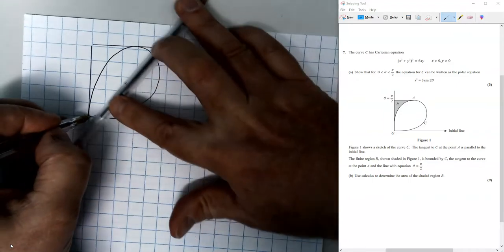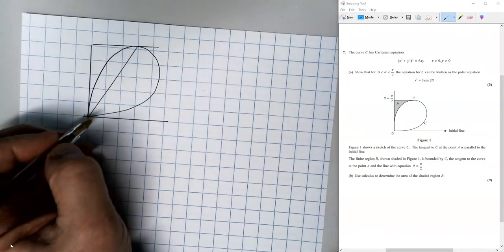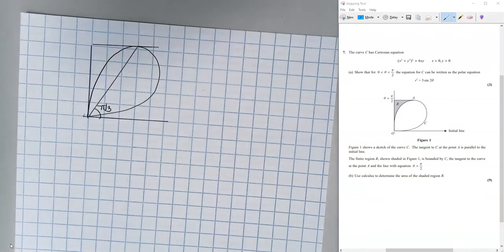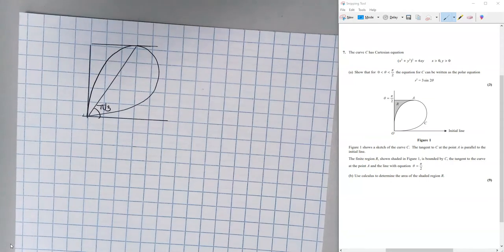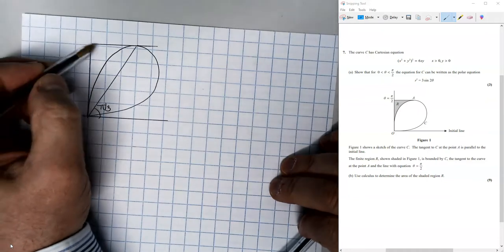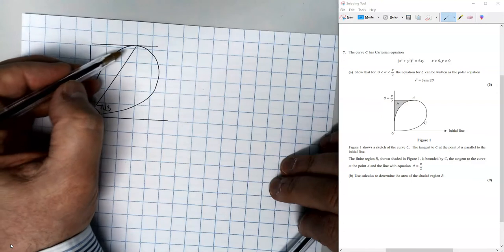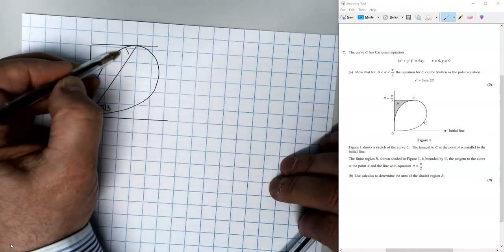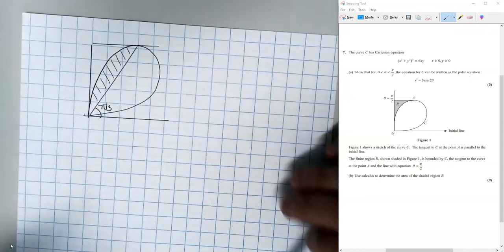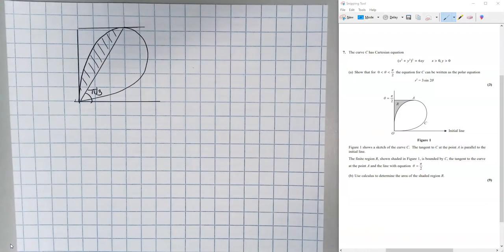I know this angle here is pi by 3. Okay, so what I'm going to be doing, I've got a triangle here, and I've got an area, and so I'm going to find this and take it away from the triangle. Okay, that's my plan anyway. Let's have a go.